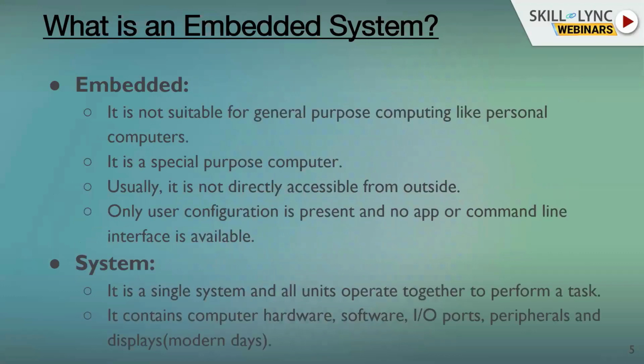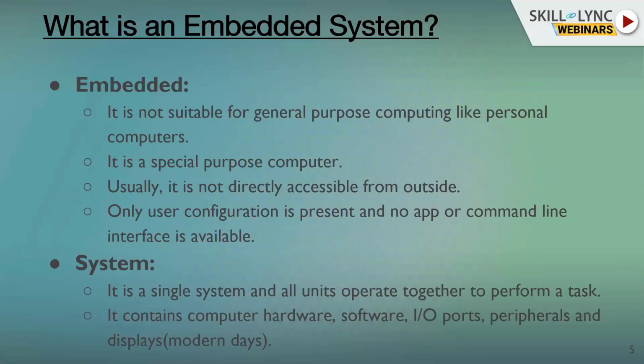And to sum up the definition, the two words that we're using here are very apt to explain what these systems are. First word is embedded. When you say something is embedded, it means it is something inside of a larger system. If it's inside of a larger system, then by corollary, some things will come up.